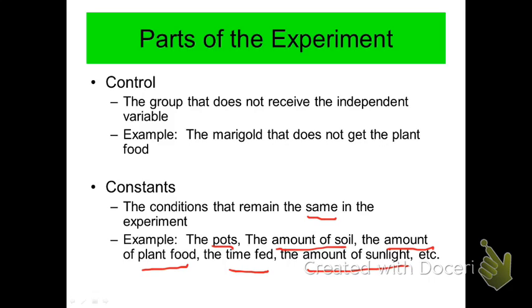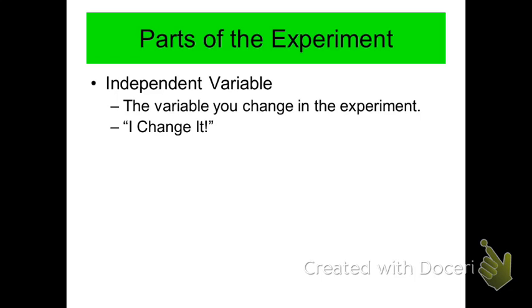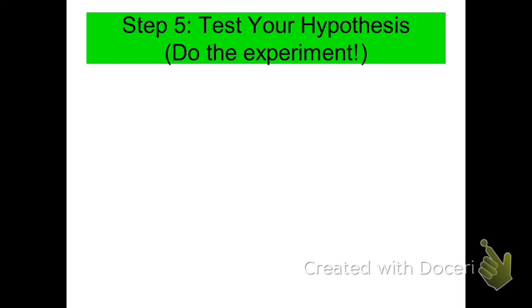So now that we have the procedure, now that we have all of the parts of the experiment, we're ready to go to step 5. And of course, that's probably the most fun part that you like to do. We're going to do the experiment or test your hypothesis. So that's step 5. Do the experiment.